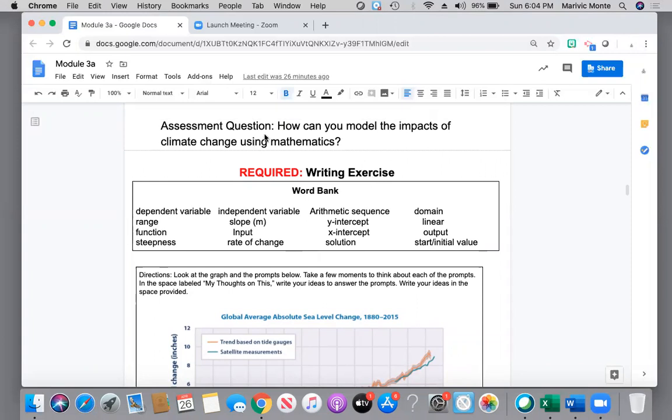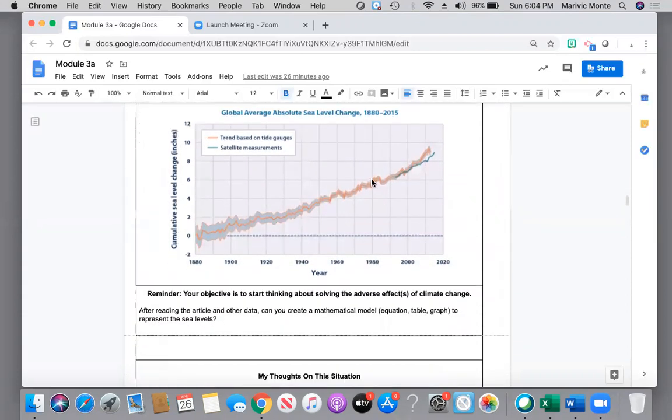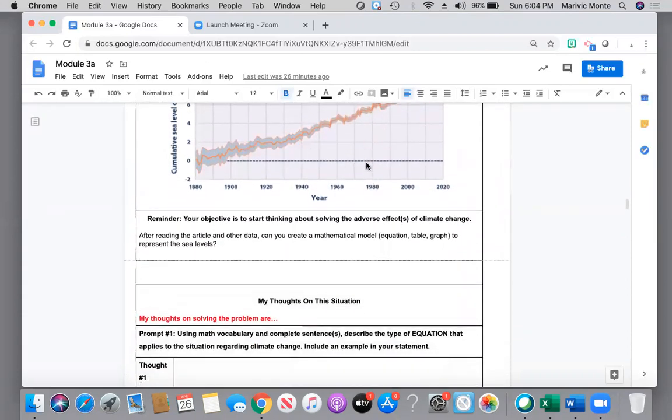The overall assessment question says, how can you model the impacts of climate change using mathematics? So if you take a look at the table below the graph, you are reminded that the objective is to start thinking about solving adverse effects of climate change. So your thoughts will be going back to Modules 1 and 2 and what you have accomplished so far through your readings.